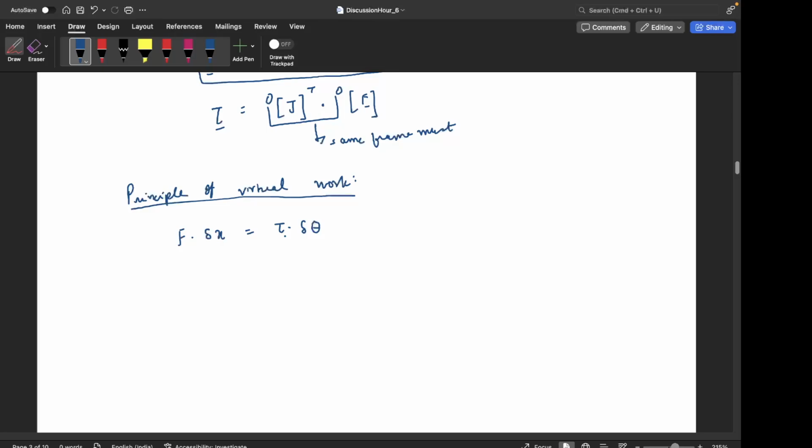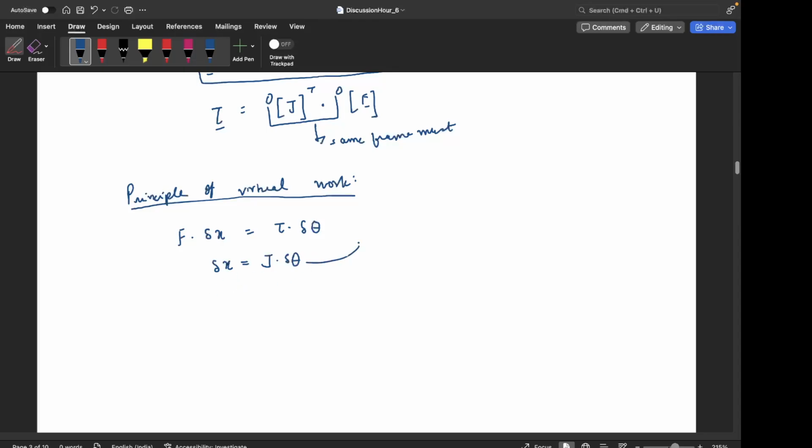Now another relation that we will use is that delta x is equal to Jacobian times delta theta.